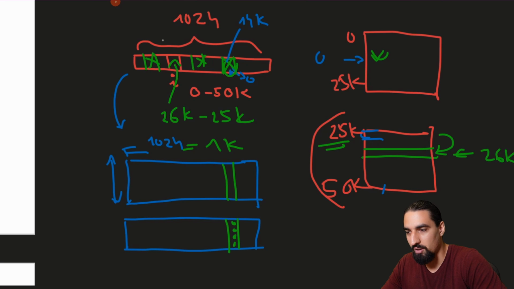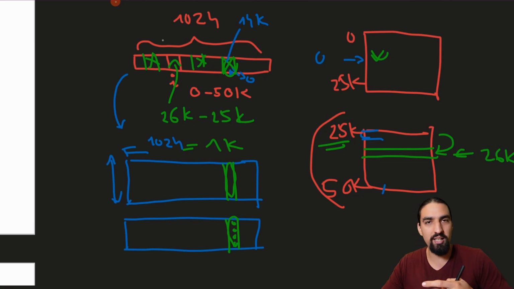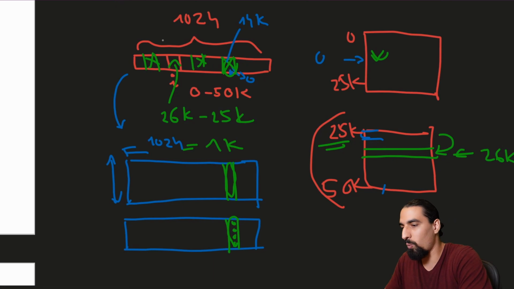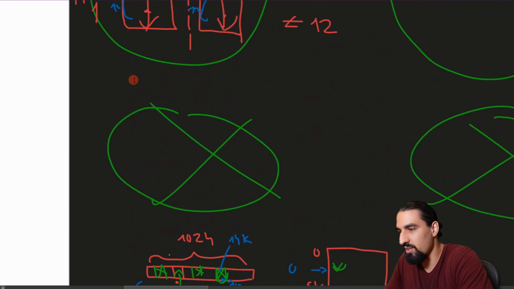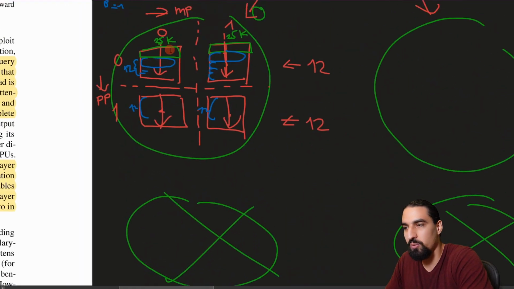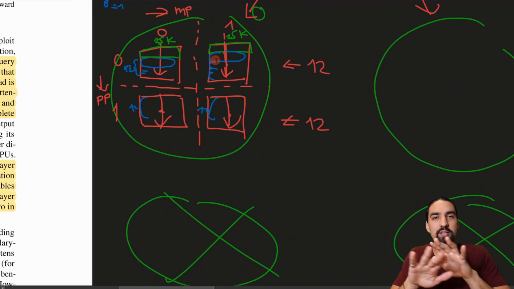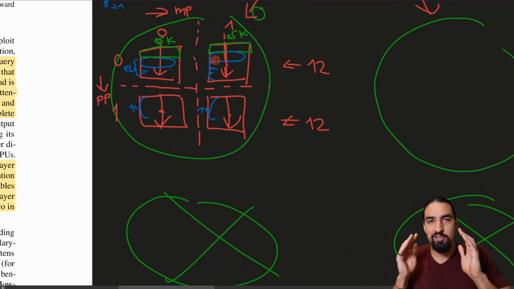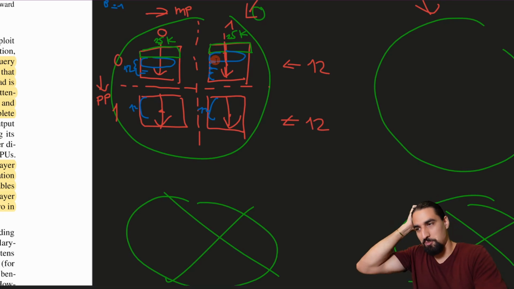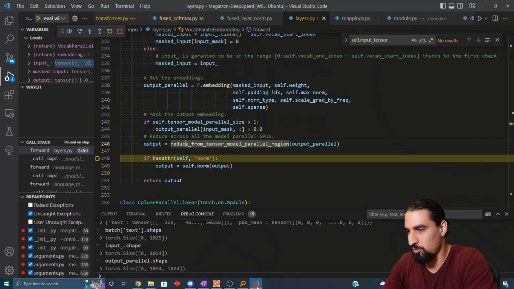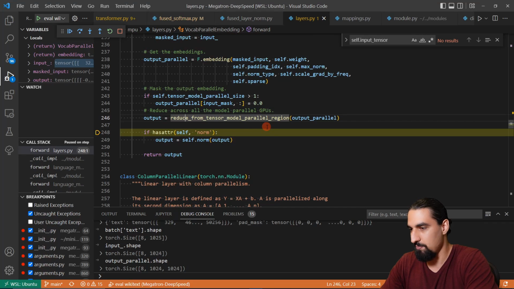If you sum them up, you'll end up with a correct result both here and here, because if you just add zeros onto a device, you keep the same value. But this device will now have the correct value of the embedding vector. That's the magic of the all reduce. These GPUs do that type of communication and update the embedding vectors. That's a beautiful thing, if you ask me. Hopefully I managed to explain it nicely.